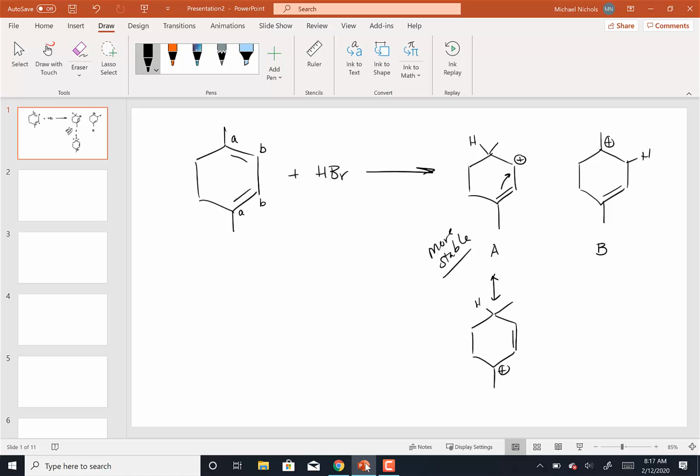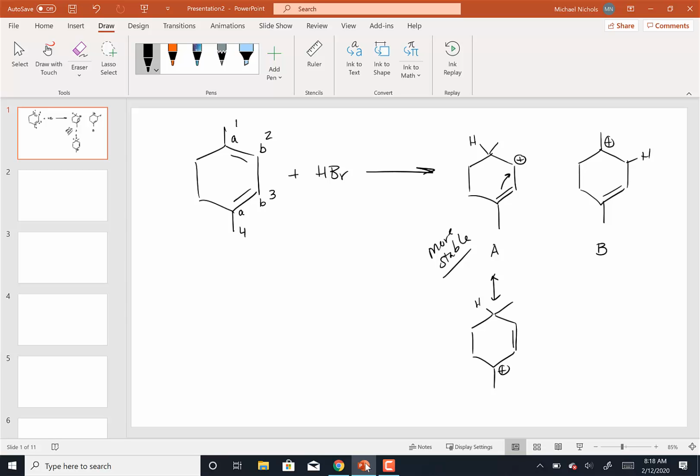The reason I started with this one is that the rule for adding electrophiles to dienes, to conjugated systems, is that you always add to the end carbon. We could number this carbon 1, 2, 3, and 4. Since this molecule is symmetric, and I usually will give you symmetric molecules, I could number 1, 2, 3, 4 from the bottom up and get the same product.